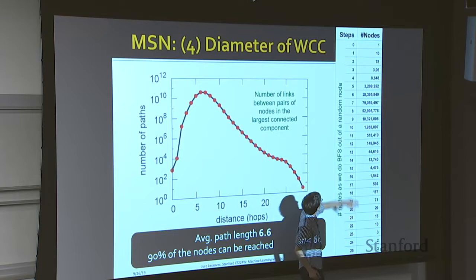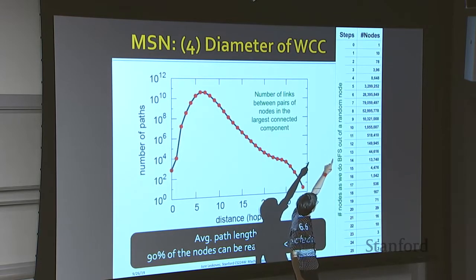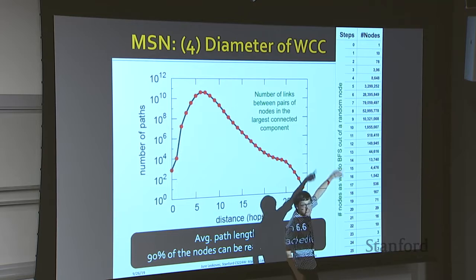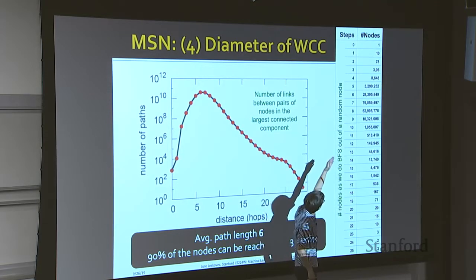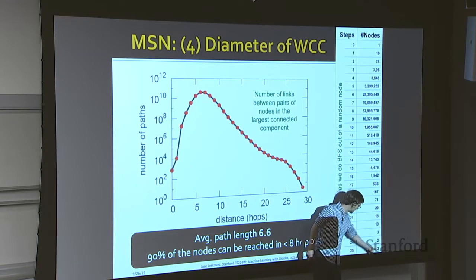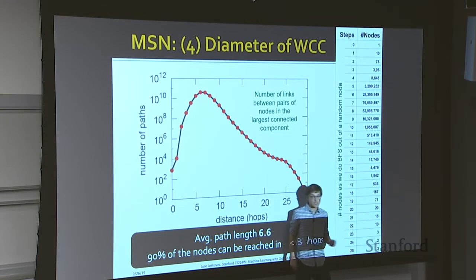You see it goes from 1 to 10 to 80 to 400 to 8,000 to 3 million, 28 million. At 7, you are at 80 million, and then it starts to decay all the way down to 3 people who are 25 steps away from you.